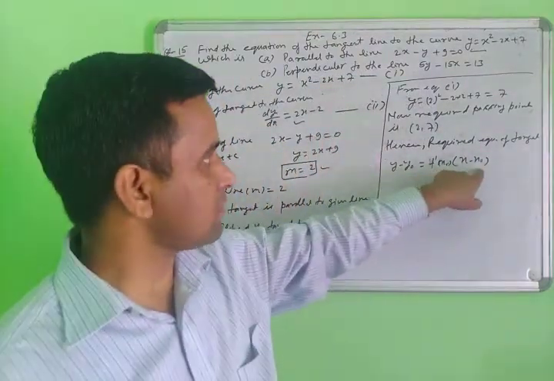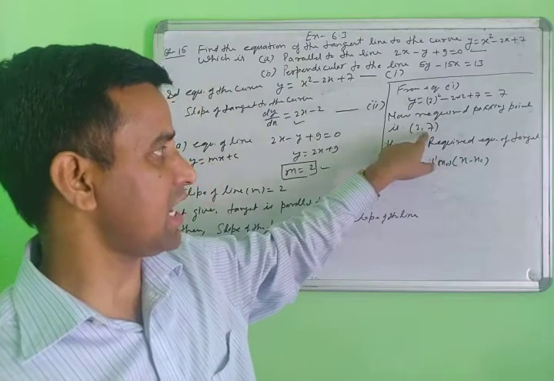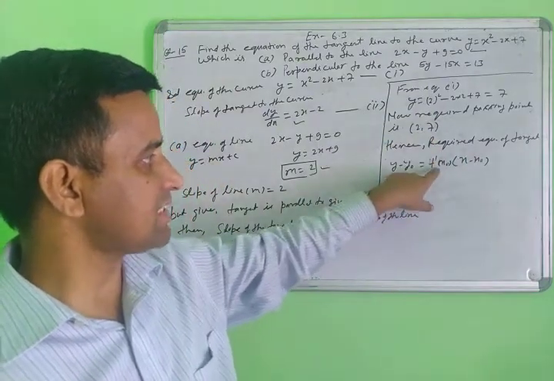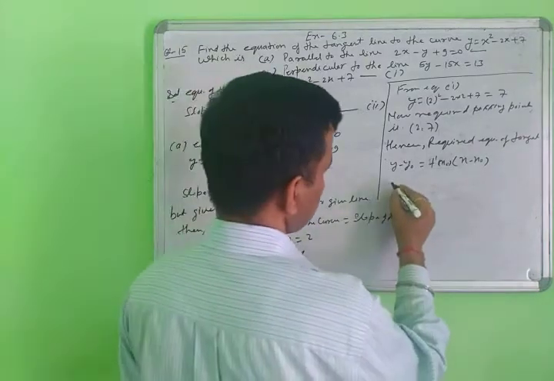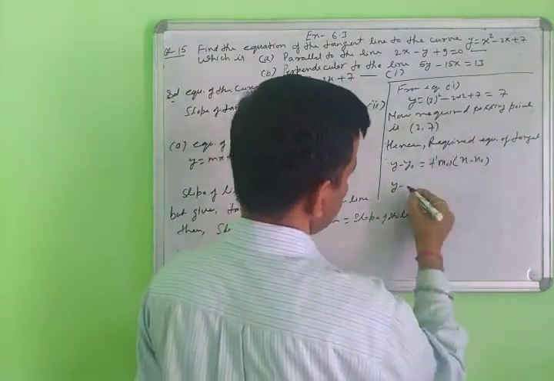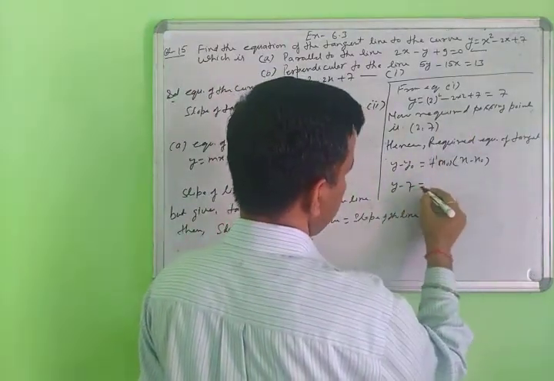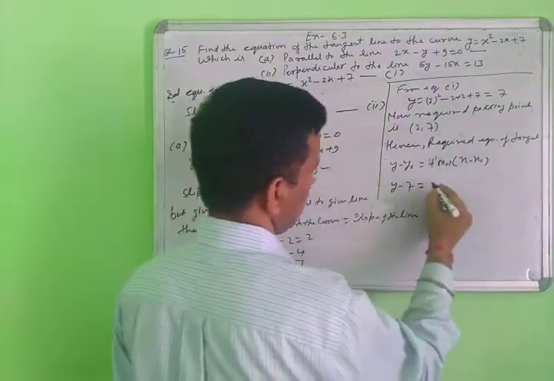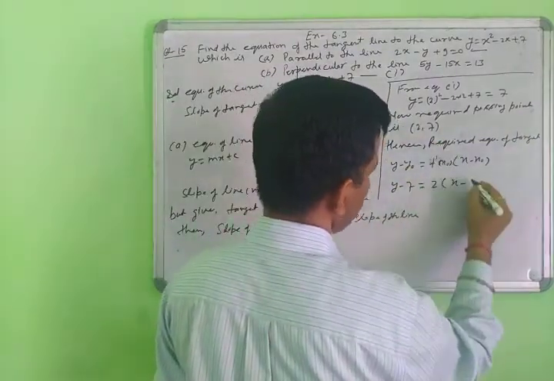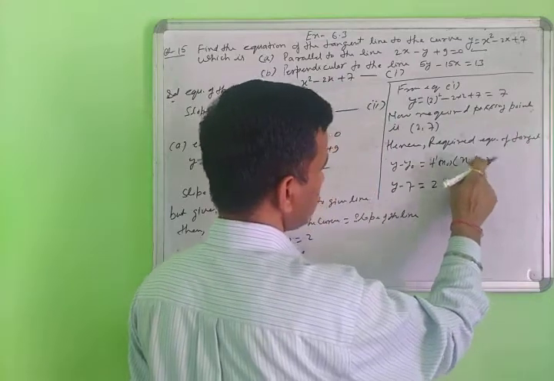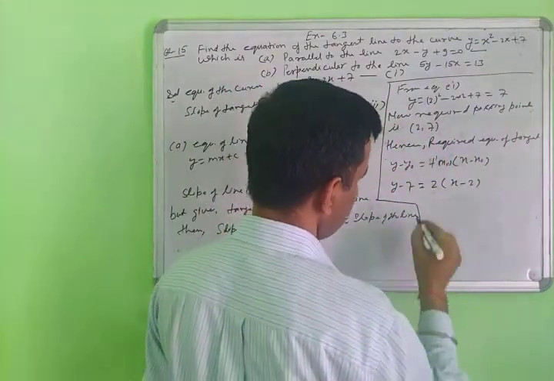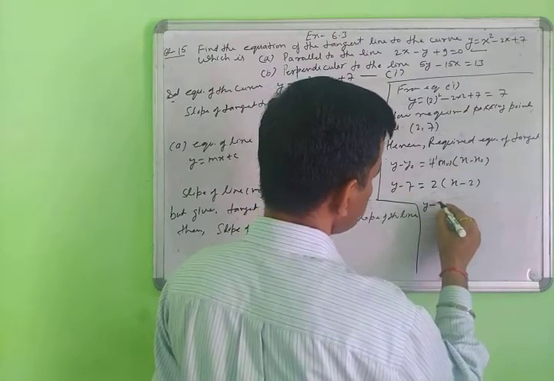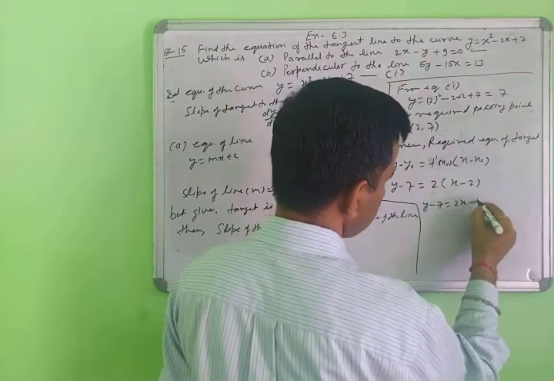Here x naught, y naught means the point x1, y1, and f dash x naught means the slope, which is 2. y minus y naught means y minus 7, the passing point. x minus x naught means x minus 2. So y minus 7 equal 2x minus 4.